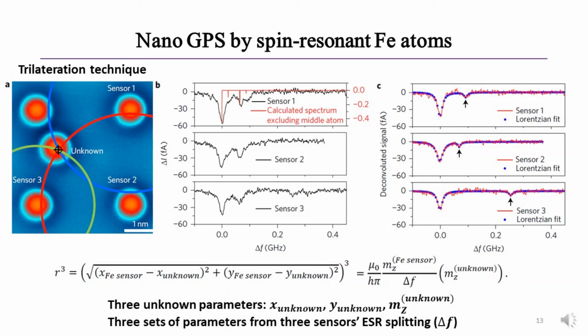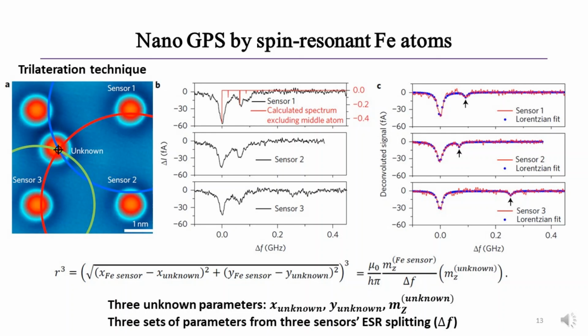But as a slight complication, the ESR signal we get from each sensor atom is convolved by the effect of other nearby sensor atoms, as shown in figure B. So the author removed this effect from the spectrum by numerical deconvolution. Figure C shows derived spectra due only to the interaction of the middle target atom with each individual sensor atom in turn.